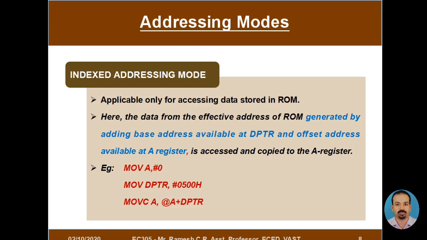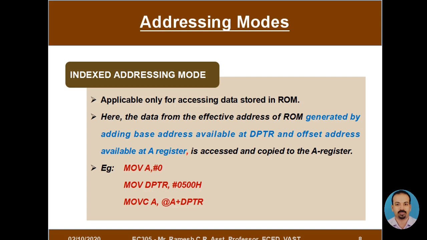In that case we may be forced to interface an external ROM. Once you store some data in this external ROM, we need to access it. To enable access to data stored in the external ROM, we make use of the index addressing mode.